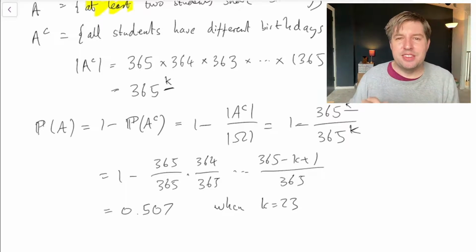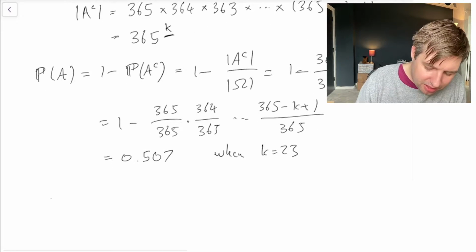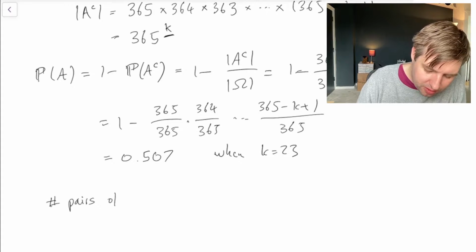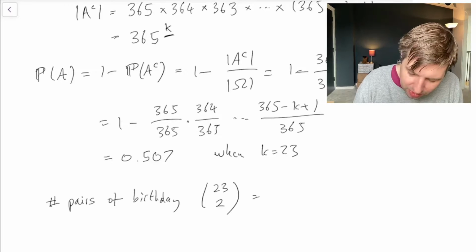But the key is, it's pairs of birthdays that are possible matches. And the number of pairs of birthdays amongst the 23 students is, of course, 23 choose 2. Pick 2 students out of the 23. And that's 253.